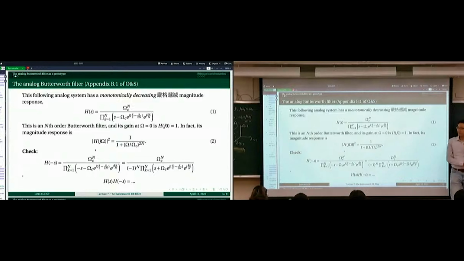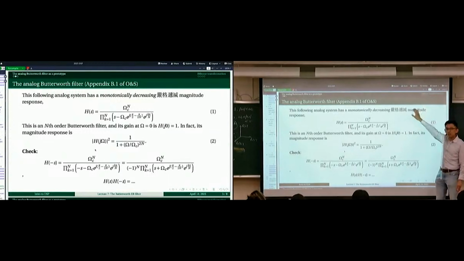But why? Just miraculously, this is the beauty of this system. The system has a very simple magnitude response as a function of frequency. The magnitude response looks very simple, even though this one looks hard. And this requires maybe 1 hour of explanation. It's not straightforward. It's in the appendix.